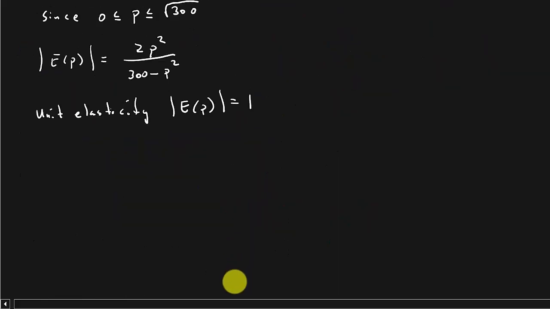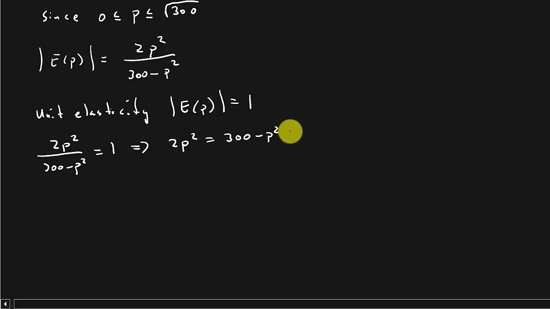All right. So we're going to take 2P squared over 300 minus P squared equals 1. So that means 2P squared equals 300 minus P squared, which means 3P squared equals 300. So P squared equals 100.